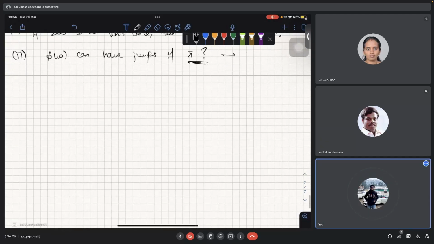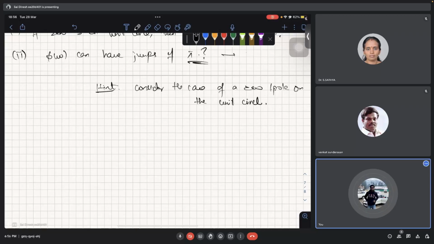Here consider the case of a zero or a pole on the unit circle, okay?